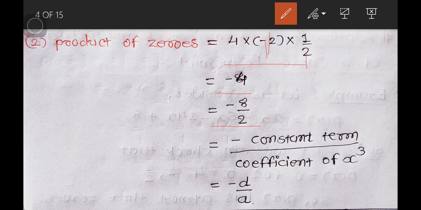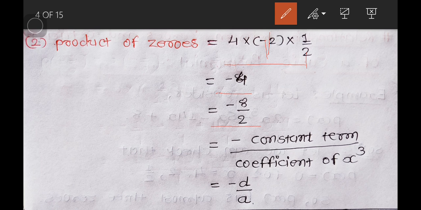Here 8 is the constant term, the fourth term in the cubic polynomial, and 2 is the coefficient of x cube.